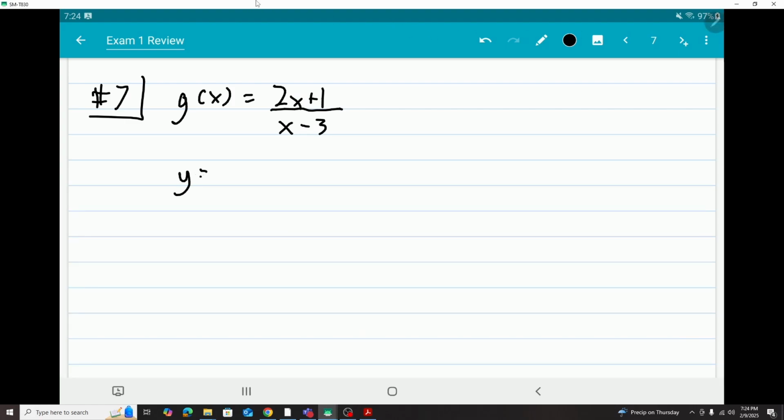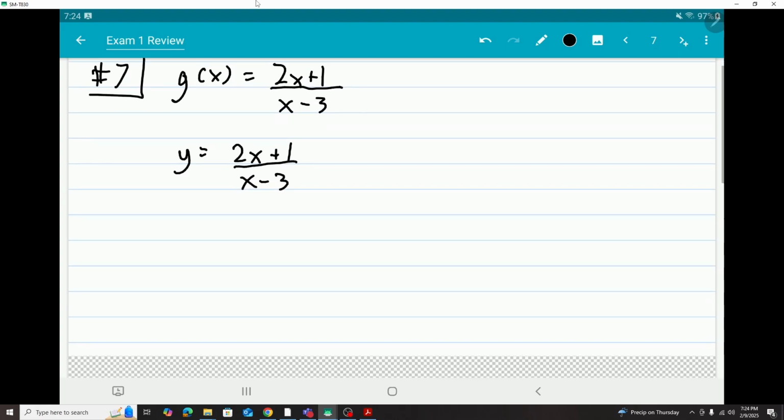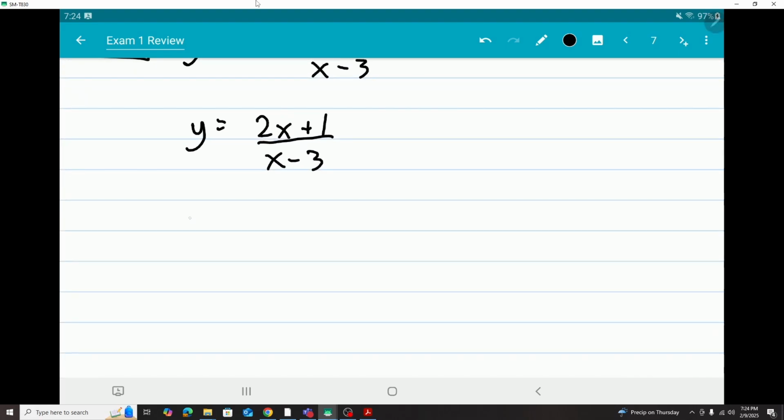So y is equal to 2x plus 1 over x minus 3. Now I'm going to switch the names of x and y. So I'm going to have this be x equals 2y plus 1 divided by y minus 3.